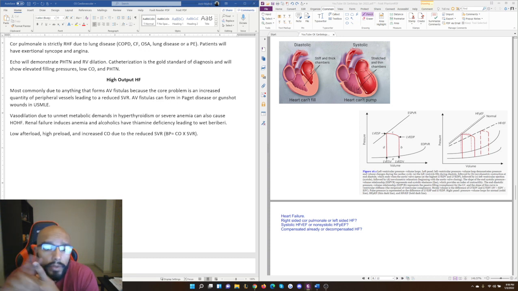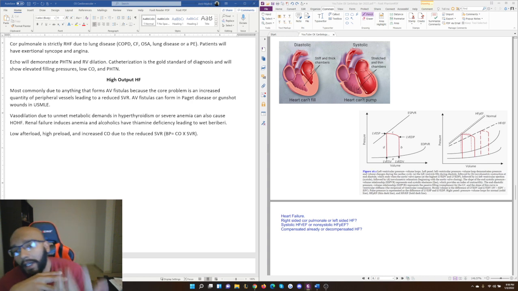It could be due to acquired AV fistula, such as from a gunshot wound or some kind of really bad trauma that might have caused arteries and veins to connect. It could be from a congenital AV malformation if the patient is really young. And generally speaking, high output heart failure is most directly related to anything that can cause an AV fistula, like Paget disease can cause AV fistulas as well.